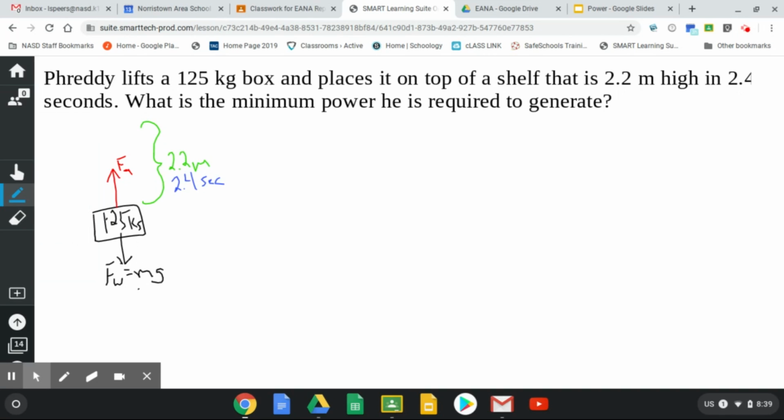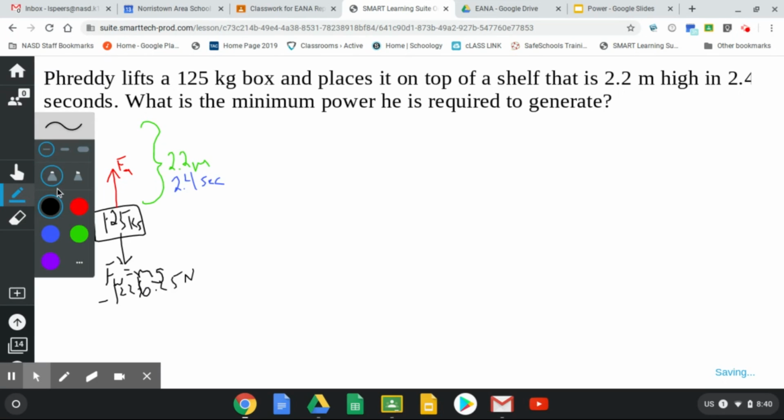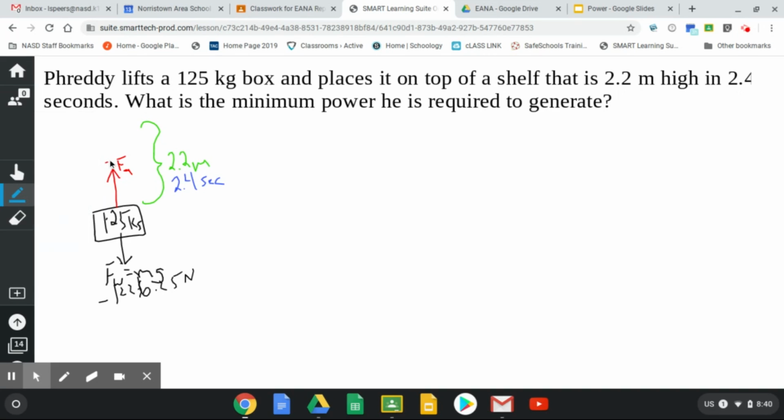So we have 125 times a negative 9.81, which makes the weight force of the box 1,226.25 newtons. So he's going to have to apply that much force in order to move the box upward.